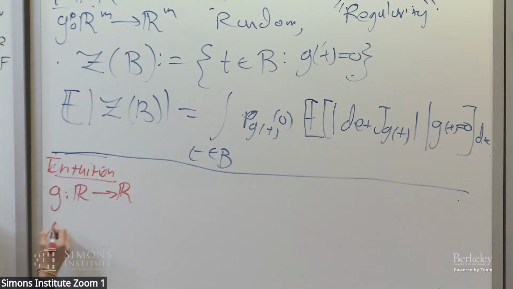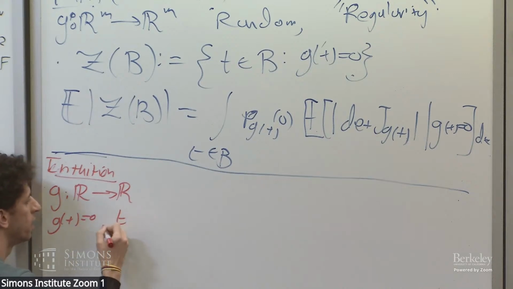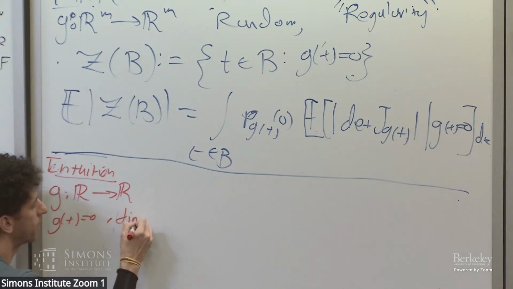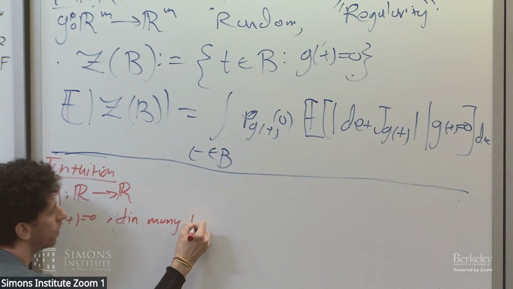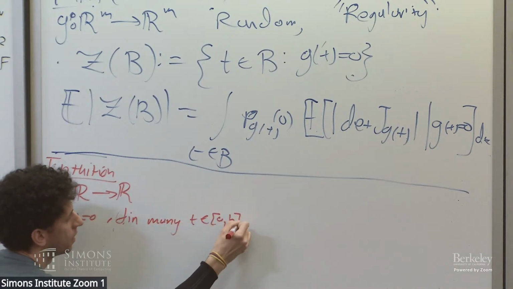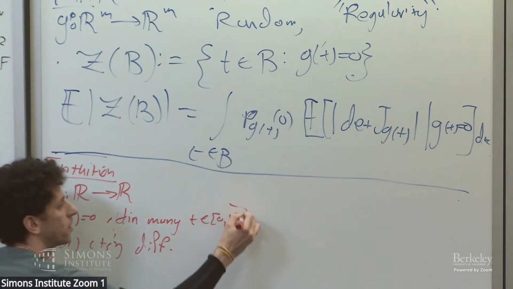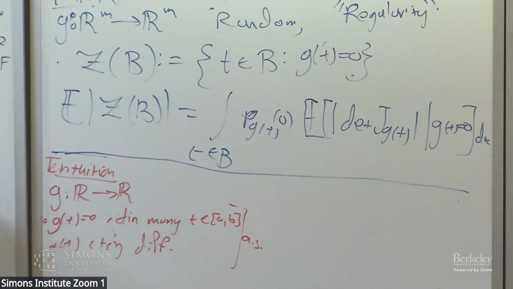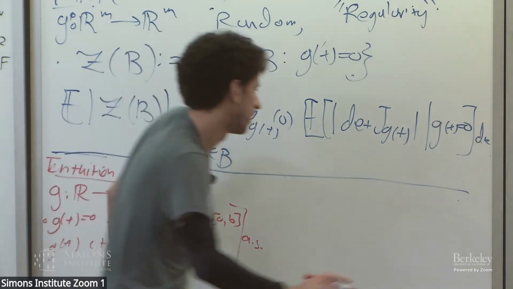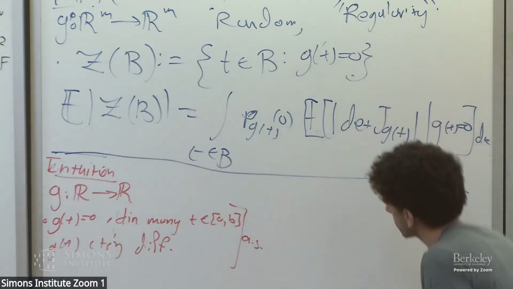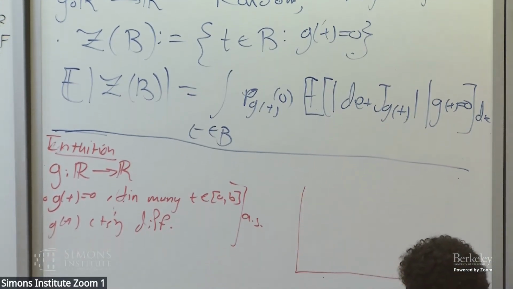I'm going to assume that G(t) is equal to 0 only for finitely many t, and that G(t) is continuously differentiable. Since this is a random process, I need to assume this on every sample path, so I'll assume this almost surely. I'm basically putting regularity conditions on my process so that it looks something like this.